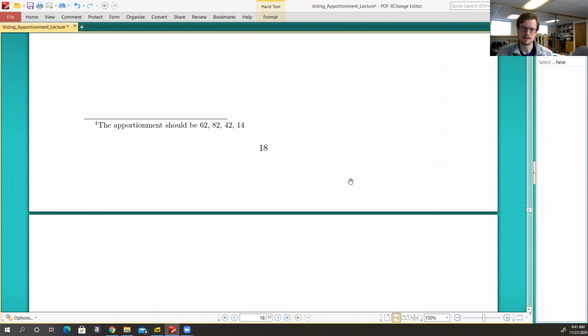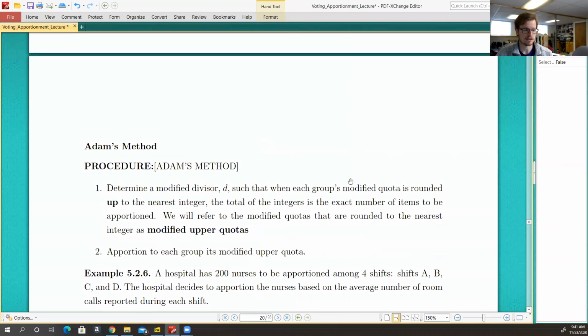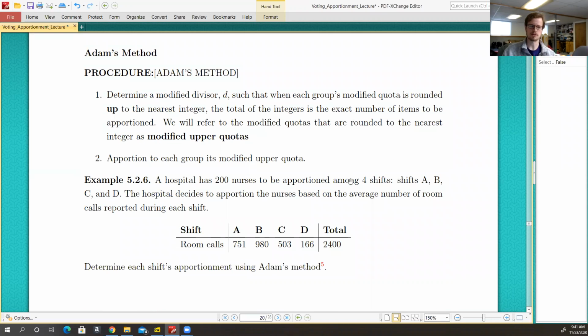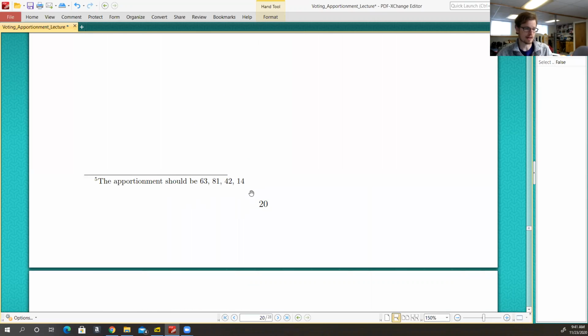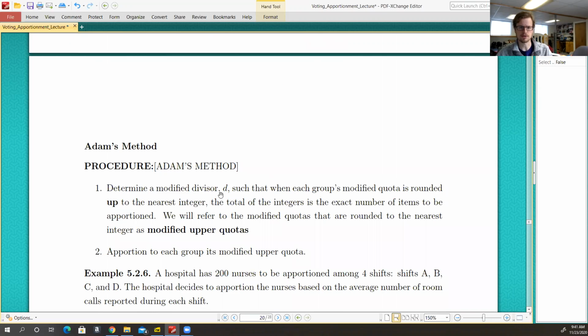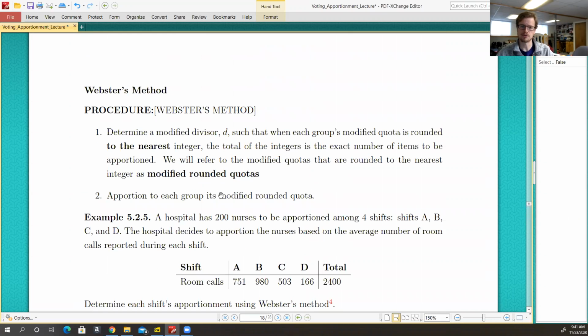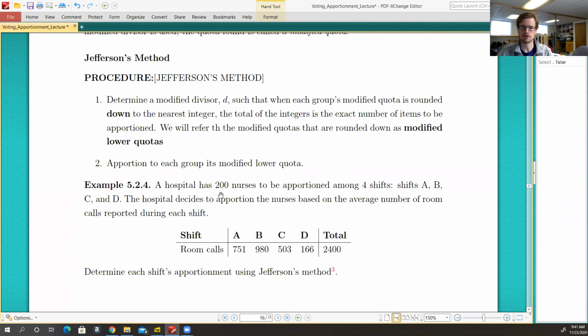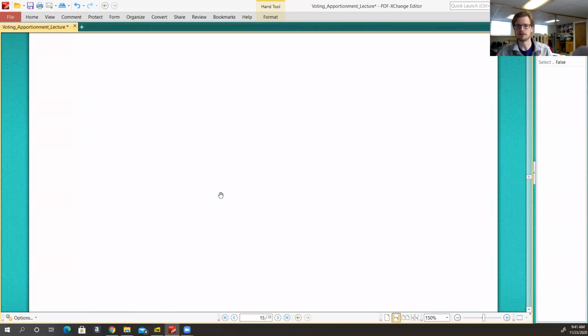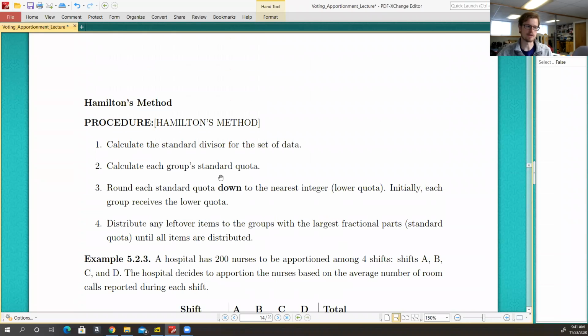The 4th method, I would like you to take a look at yourselves because it lines up so closely with the 2 preceding methods that it becomes a little redundant for us to look at it together. It's a great thing for you to look at on your own. The directions should make a lot of sense once we've looked at the preceding 2, and the answer that you should find is actually even given. So that should be easy for you to approach on your own after we've taken a look at the preceding 3 methods. We'll take a look at those in the following videos.